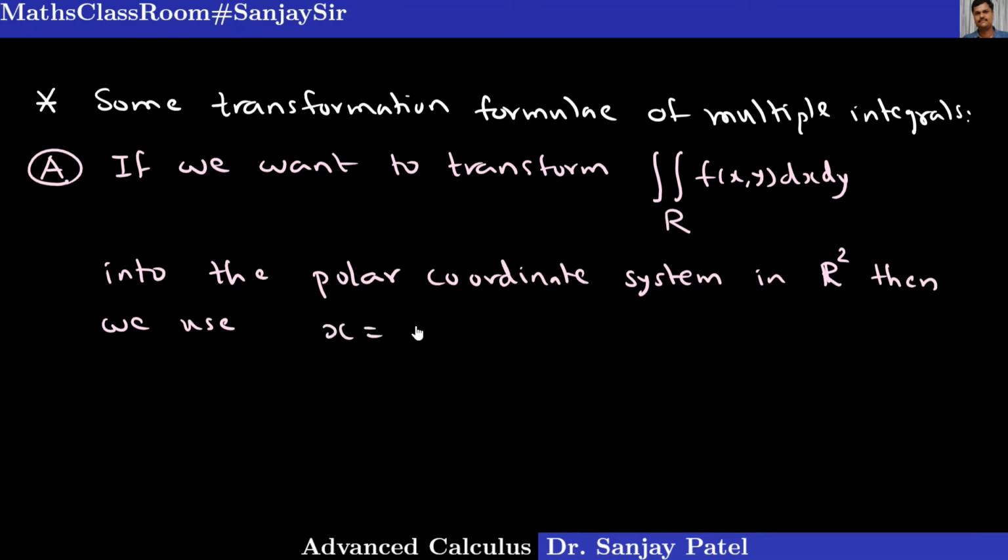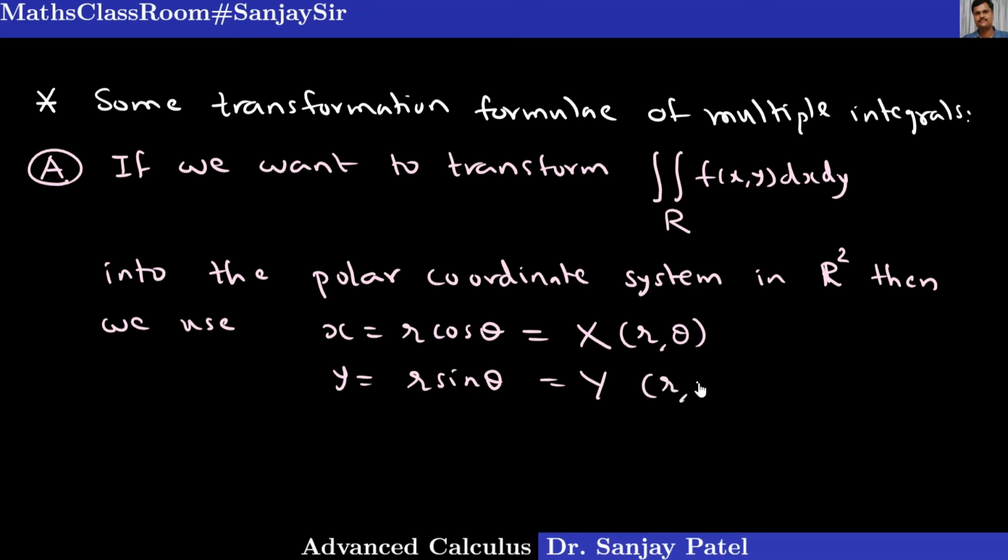The x is equal to r cos theta. I can write this as a function of r and theta. Instead of u and v, we have r and theta. And y is equal to r sine theta, which we can think of as a function of r and theta.